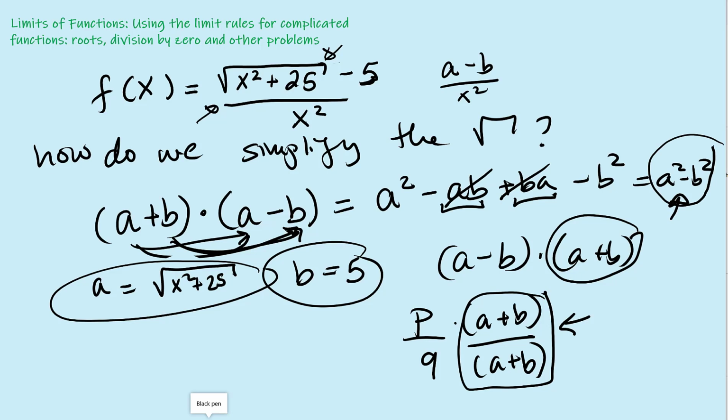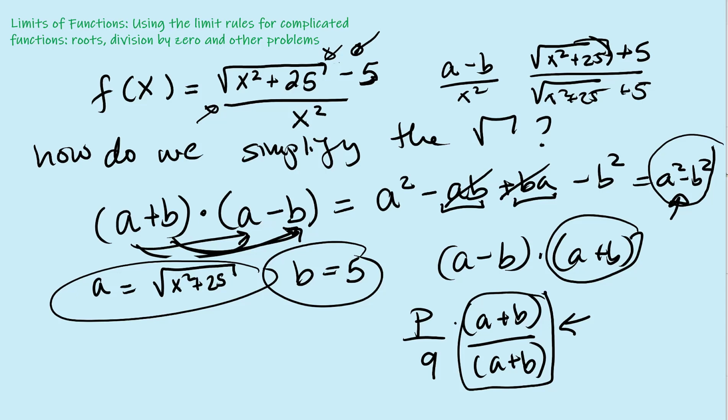So we're going to multiply and divide by the square root of x squared plus 25 plus 5. So we will multiply and divide by the same term, but we're going to do plus 5 because we already have the minus here. So after this whole explanation, I will do this more neatly now.